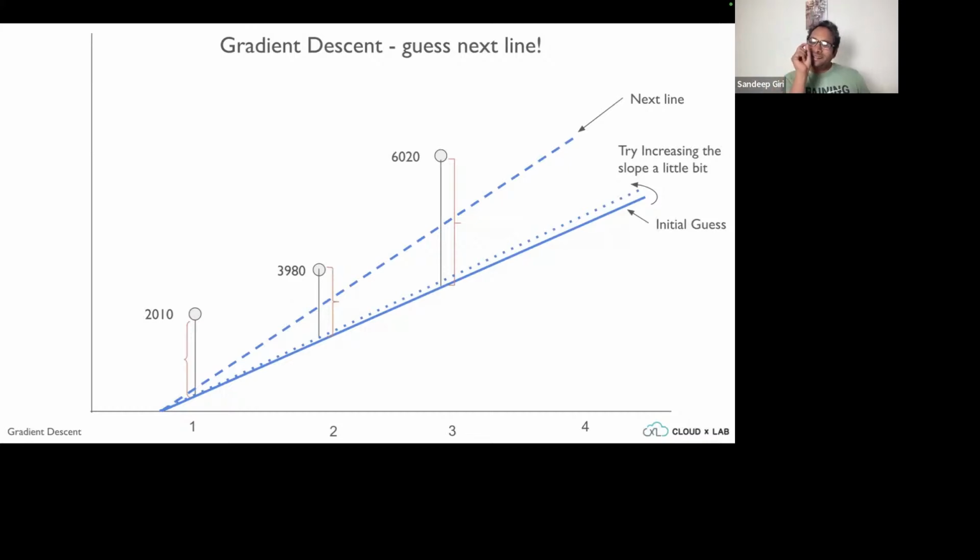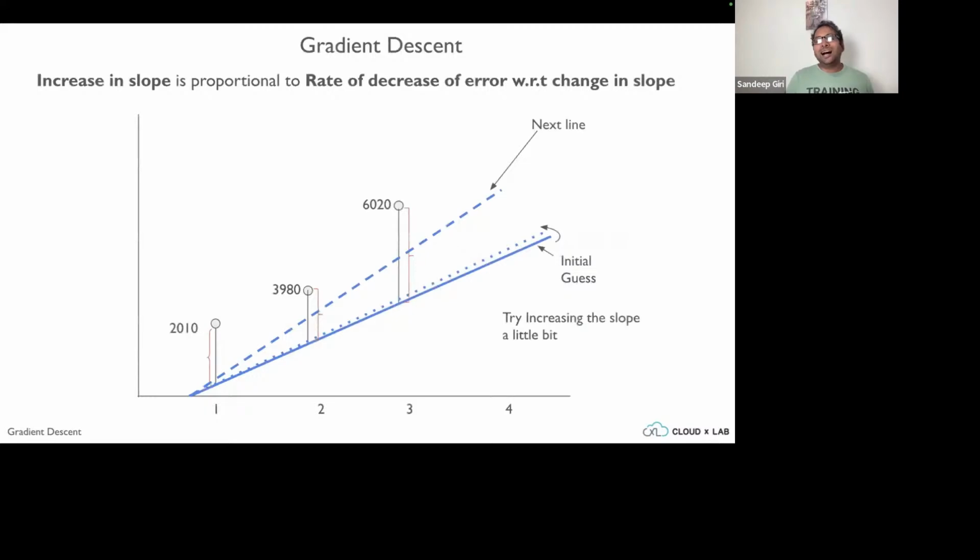We increase the slope a little bit and observe: did the error increase or decrease? If the error decreased, keep increasing the slope, otherwise decrease the slope. So the question is, how much should we increase the slope? Our next value of slope should be proportional to the rate of decrease in error with respect to change in slope.